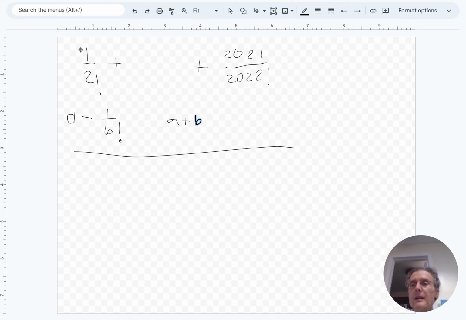What if it just said this? 1 over 2 factorial can be expressed as a minus 1 over b factorial. Of course it can be.